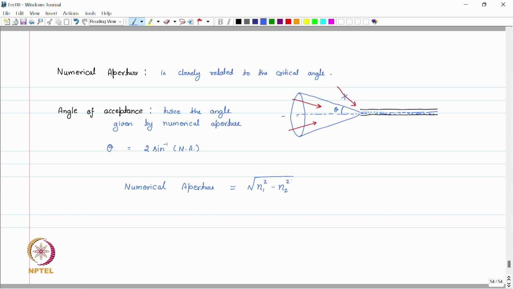This n1 and n2 are the refractive indices of both the medias, n1 and second one.